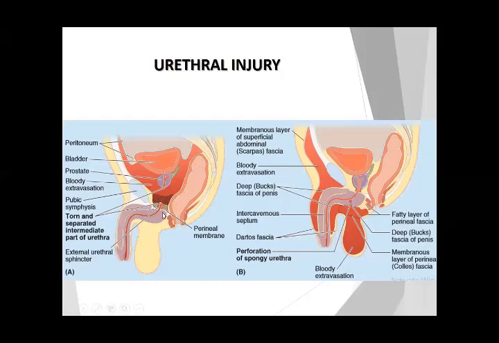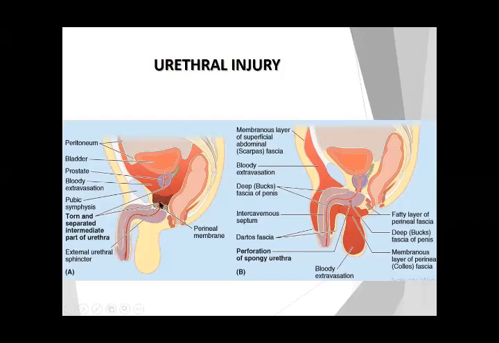In contrast, this is the urogenital diaphragm here. Okay? And the urethra that passes through the urogenital diaphragm is called the intermediate or the membranous part of the urethra.